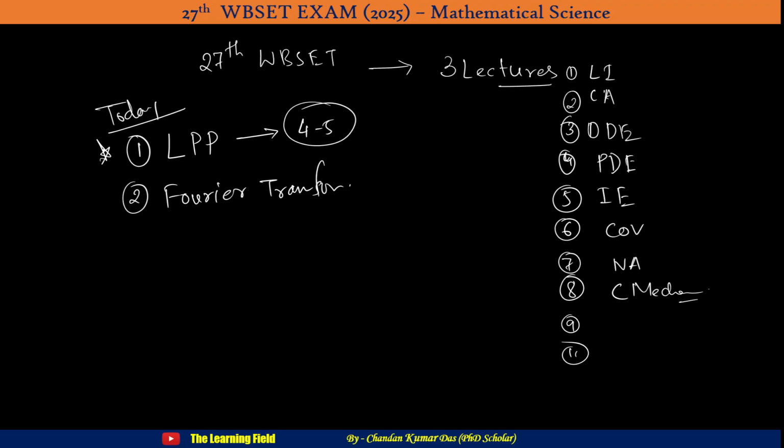So LPP is very important nowadays for preparing for the WB SET paper. Okay, and also there were two questions from Fourier transformation, and one question we solve from differential calculus. Fine. So let's solve this problem.